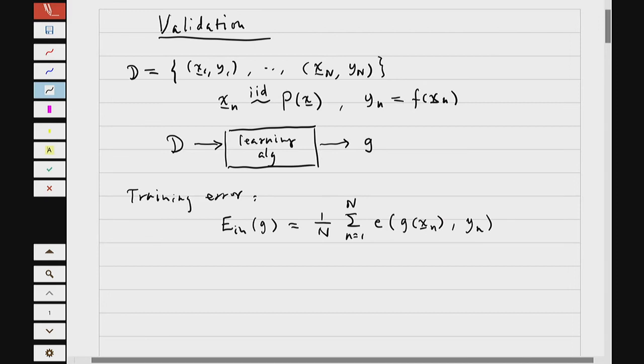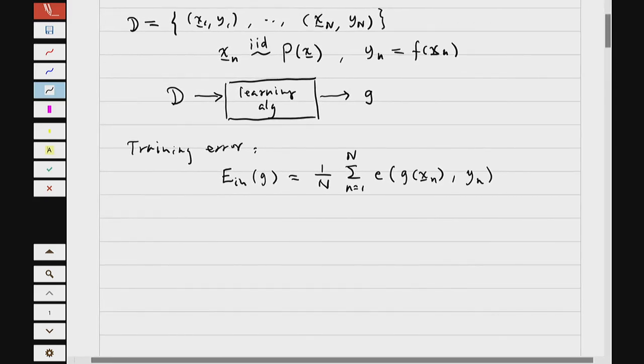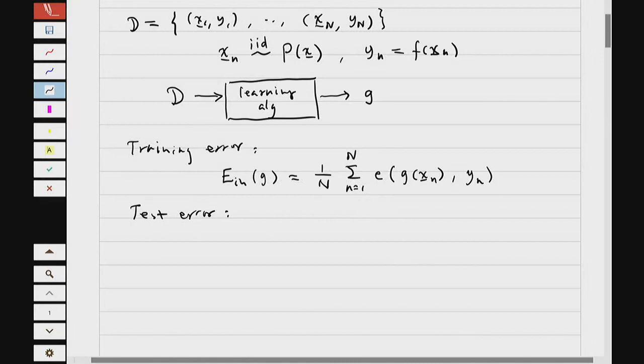This analysis will work for any general E. And then test error, E out of g, which is an expectation of this E, of course, over the test sample x that you can be given.